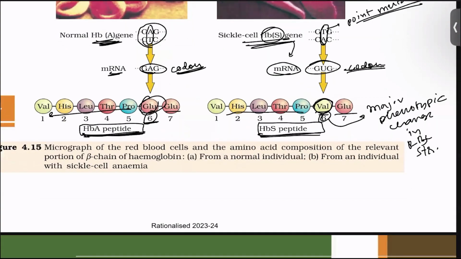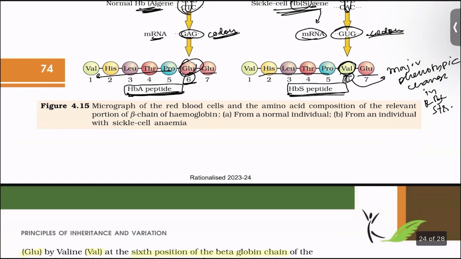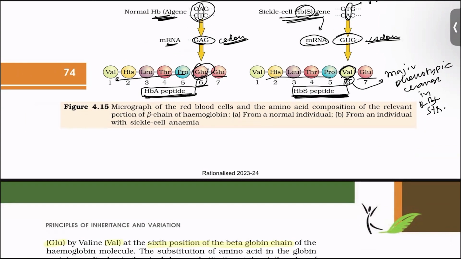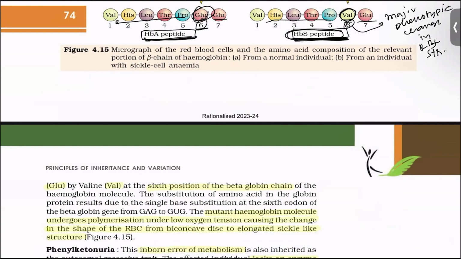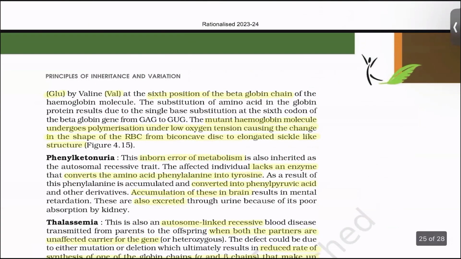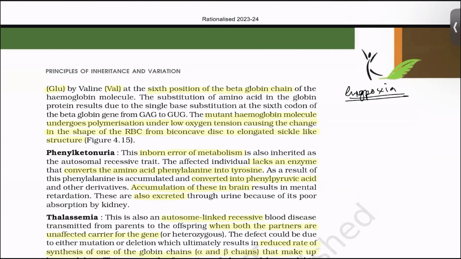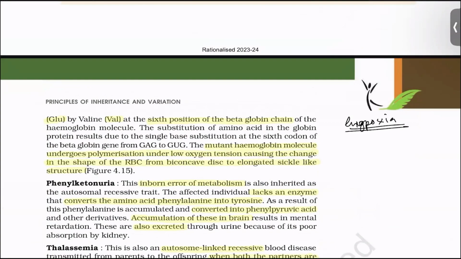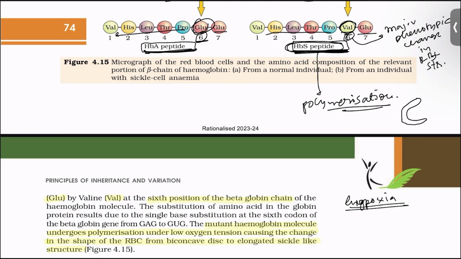So what happens is individuals who have sickle cell anemia will have HbS peptide in their RBC, and what happens to HbS peptide when there is a condition of hypoxia? In case of hypoxia, these HbS peptides undergo polymerization, and when they undergo polymerization, the RBC becomes sickle shaped like this.